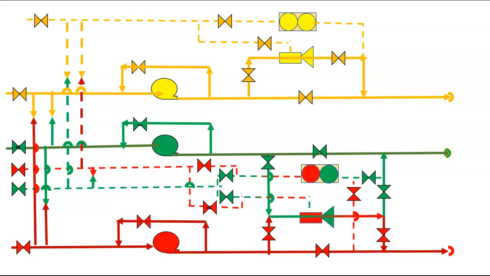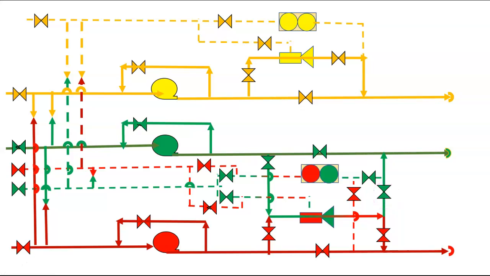First of all, how many valves do we need in each one of the systems? Now, I'm not talking crossovers, just the fundamental valves. Let's make sure that we have the right amount of valves here. So the green system has 1, 2, 3, 4, 5, 6, 7, 8, 9. All right, we have enough valves there.